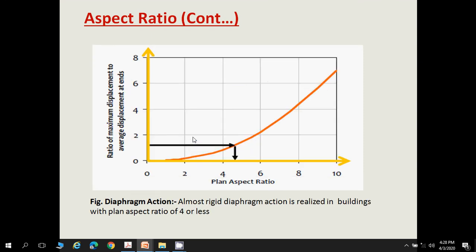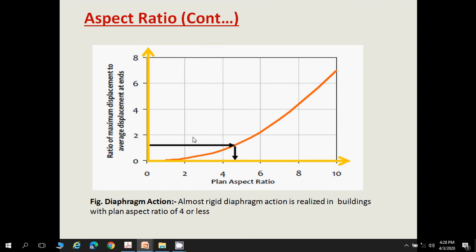Another figure shows what I have already discussed: IS 1893 prefers to restrict the maximum lateral in-plane displacement of a diaphragm at any point to within 1.5 times the average displacement of the entire diaphragm, and if this condition is satisfied, then the building will perform well in seismic behavior.